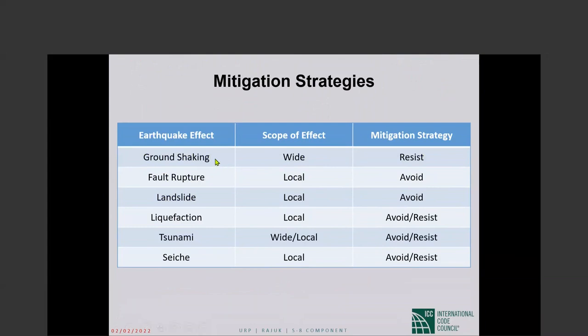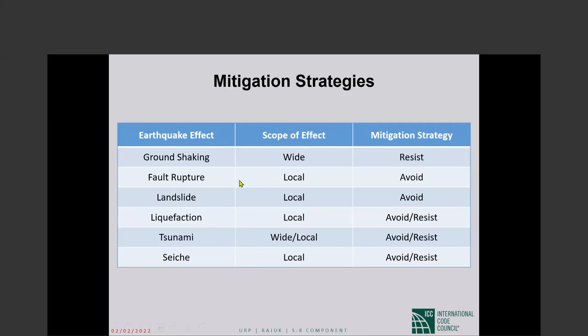Ground shaking, the effect is wide, not localized, but we can do something about it. We can design our buildings to resist ground shaking, or at least to perform satisfactorily for us in ground shaking.